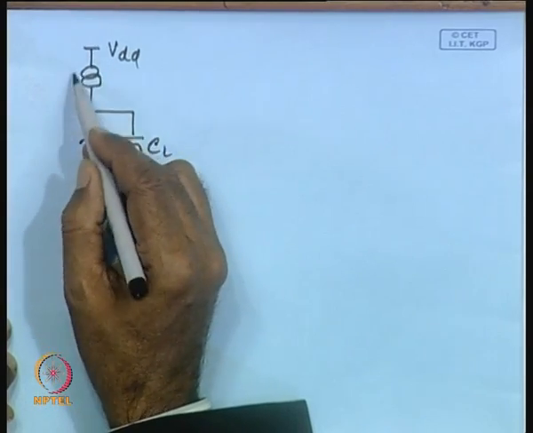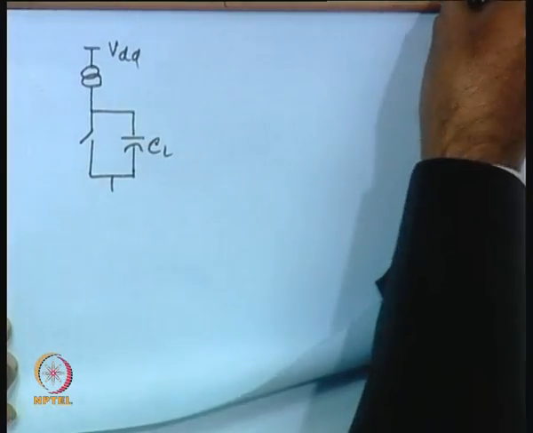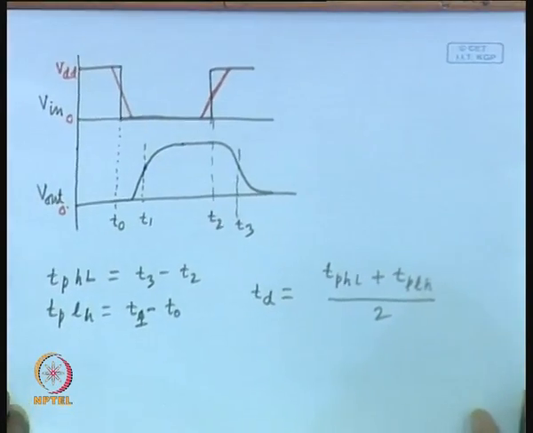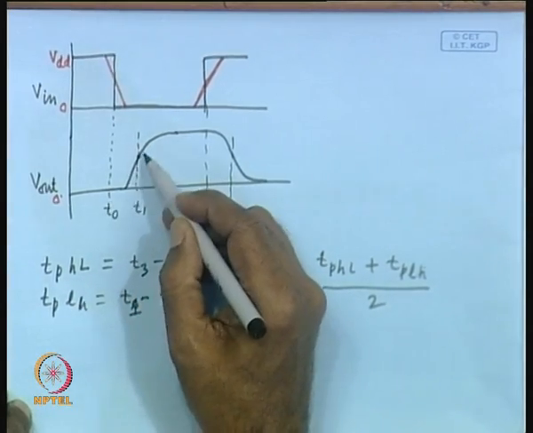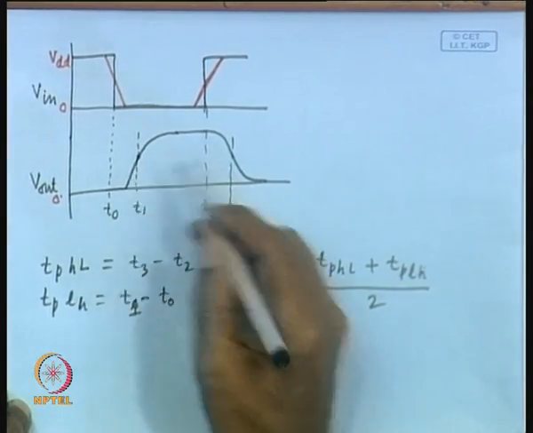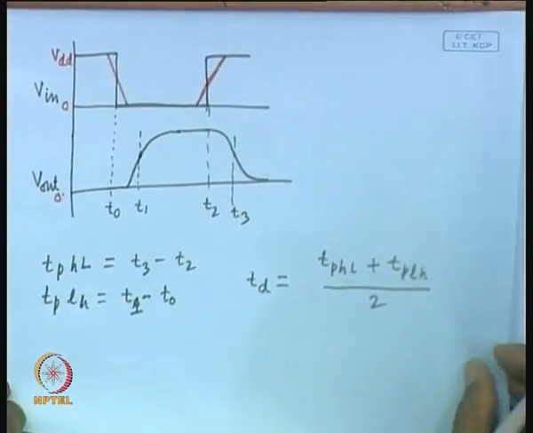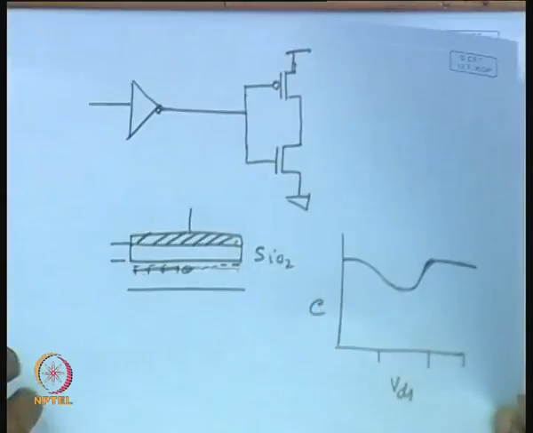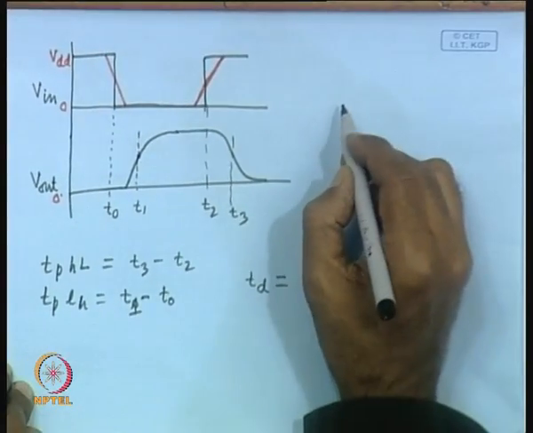You may be asking why you have represented this device as the pull up device. The reason is, in this particular case, as you can see, during the period it is changing from low to high, the output is essentially that input to the device. Let me draw it, an inverter.